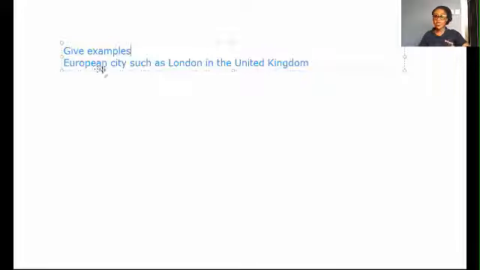So a European city such as London in the United Kingdom. You've given an example of what the description means by European city. This is acceptable when you want to paraphrase the description.